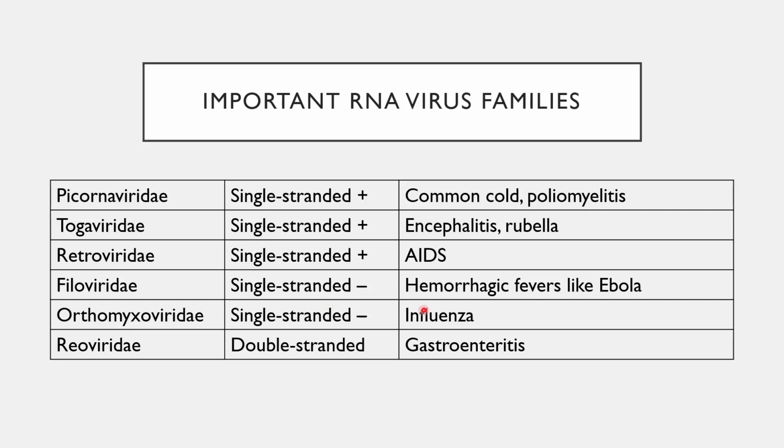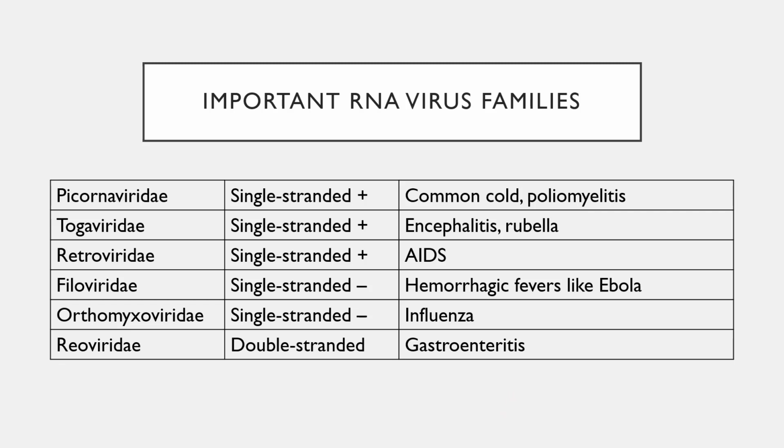Filoviridae is a single-stranded minus virus family that includes causes of hemorrhagic fevers such as Ebola. Orthomyxoviridae is a single-stranded minus family that includes influenza viruses. Reoviridae is a double-stranded family that includes causes of gastroenteritis.